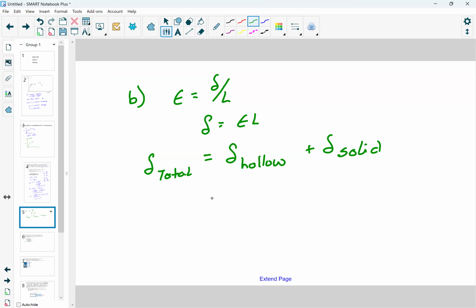All right, and so that's then going to be epsilon of the hollow. Now we're given the total length, but we're told the hollow part is L over 3. And then we're going to add that to epsilon of the solid, which is 2L over 3.